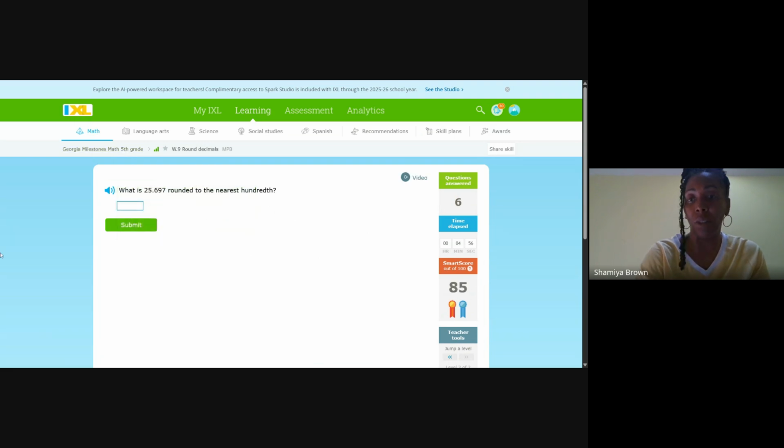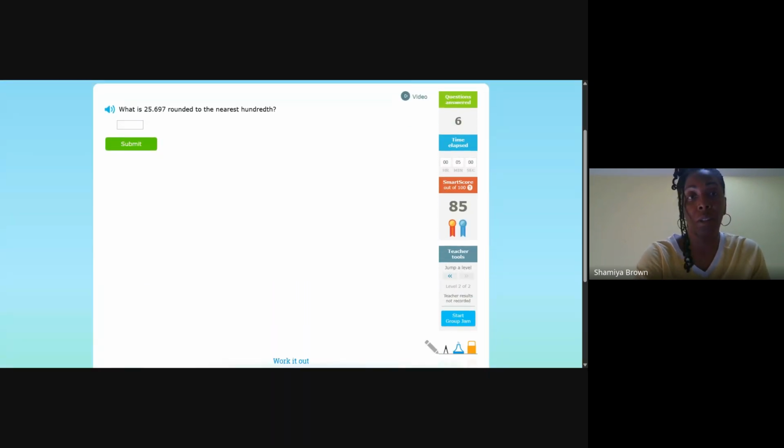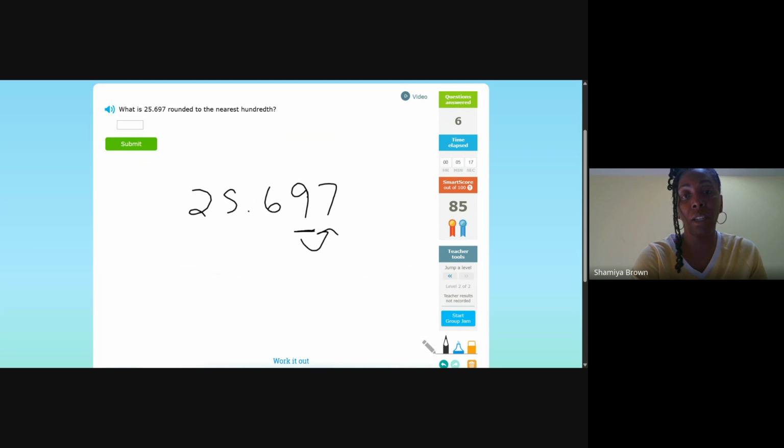And then I'll do one more. It's going to be 25 and 697 thousandths rounded to the nearest hundredth. So this is in the hundredths place, the 9. So I'm going to look to my 7. The 7 is going to tell the 9 to soar. So just like the last one, I'm going to have to regroup and bring that over here.